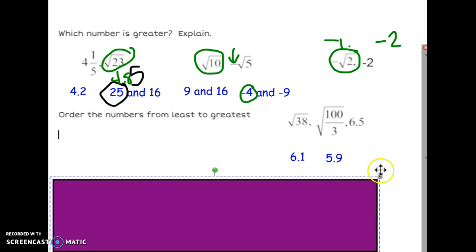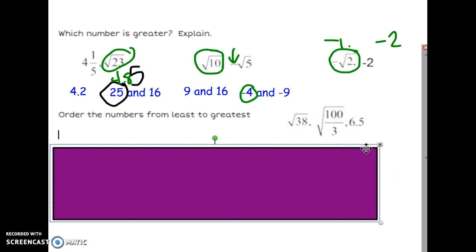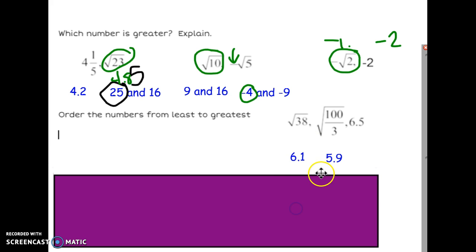So order the numbers from least to greatest. With the square root of 38, what I did here is I said, okay, what am I close to? I've got the square root of 36. I could do the square root of, what, 49? No, we're going to do the square root of 36. So it's going to be close to 6. I estimated about 6.1.